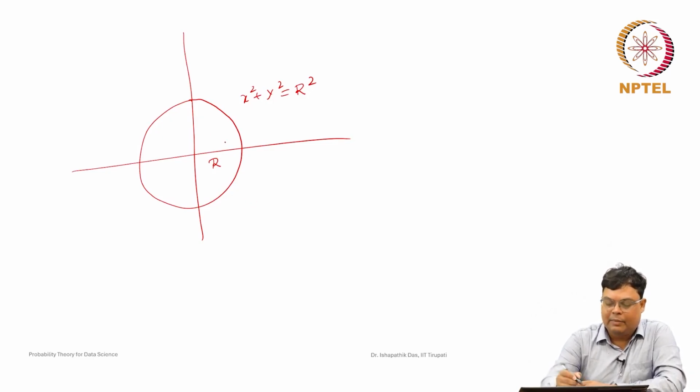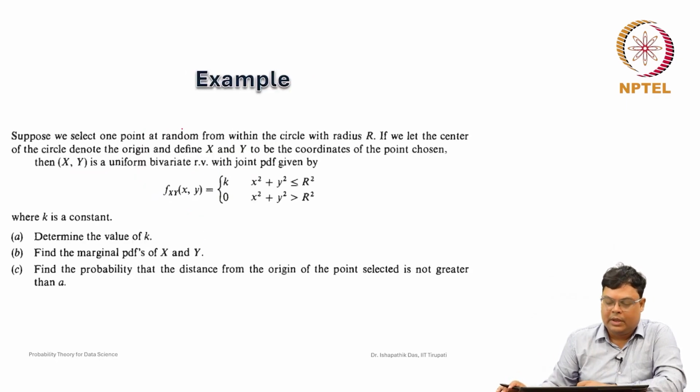So, x and y be any point here. Let x and y be the coordinates of the point chosen, then (X, Y) is a uniform bivariate random variable with joint probability density function given by this.